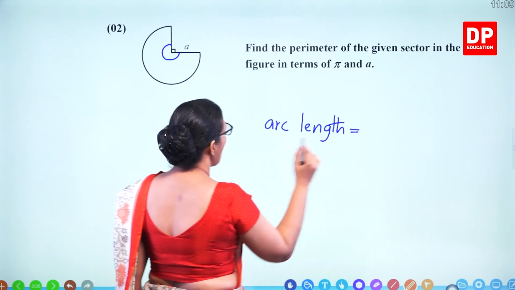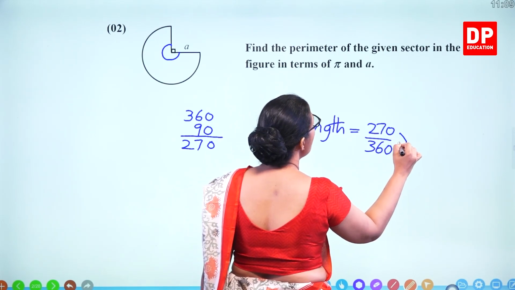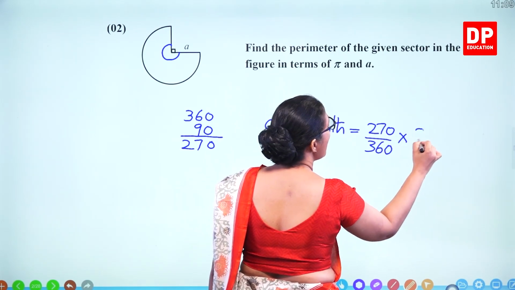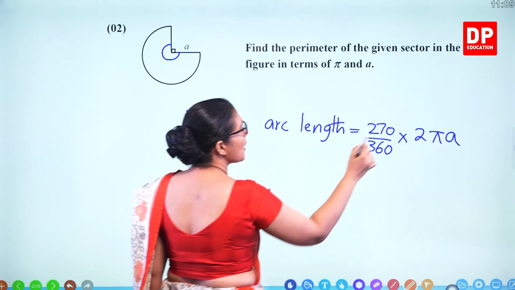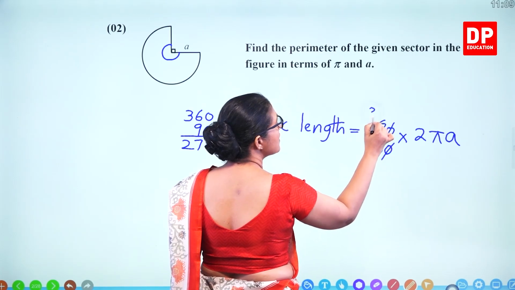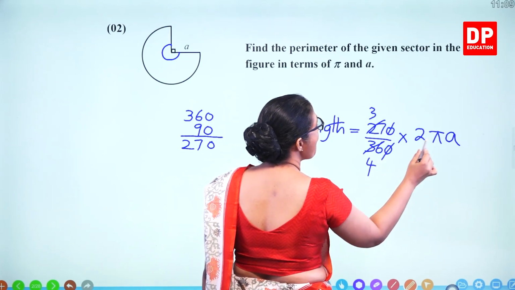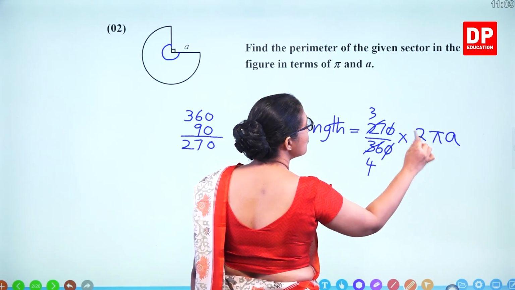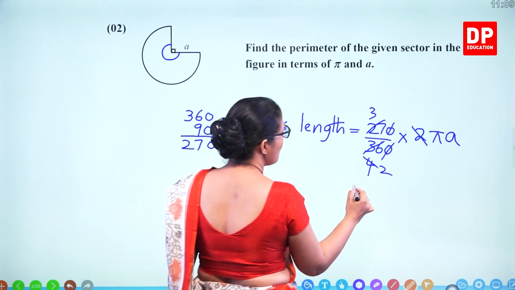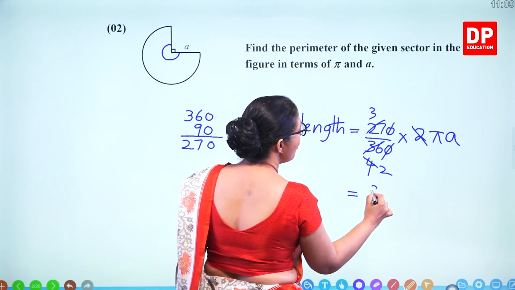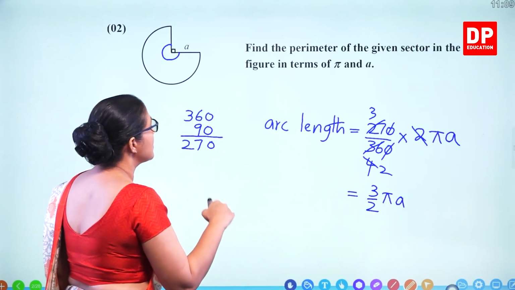So 270 over 360 into 2 pi a. So you get 3/4, and here 2, and this one 3 over 2. So 3 over 2 pi a. Then what's the perimeter?